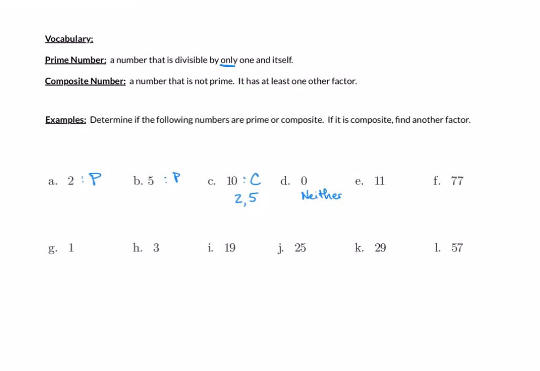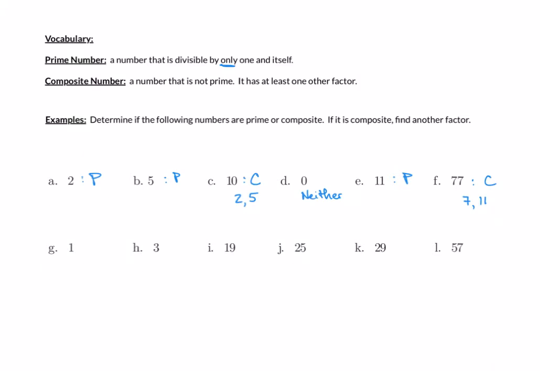So 0 is actually considered neither prime nor composite. All right, what about 11? 11 is considered a prime number. And 77 is a composite number. It is divisible by 7 or 11.